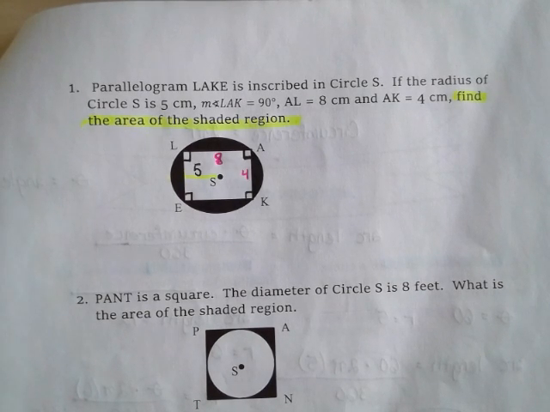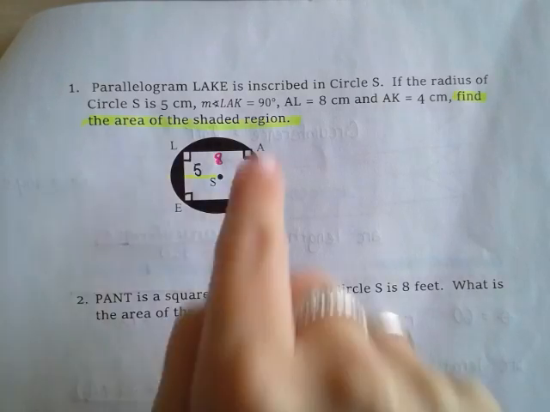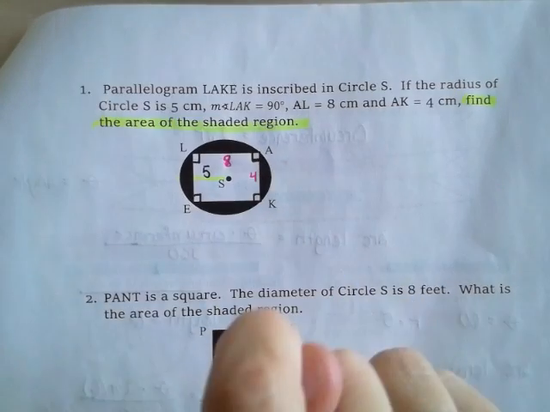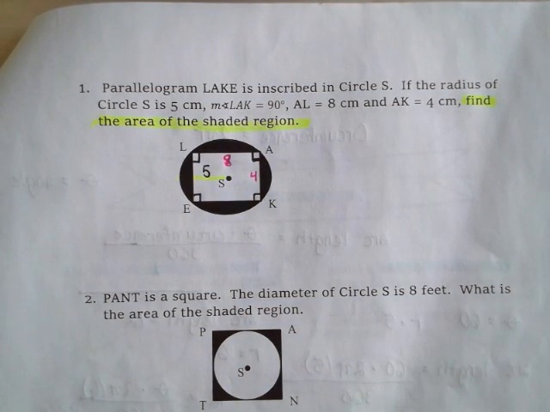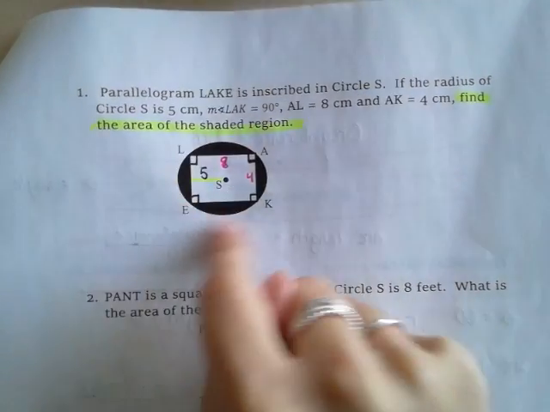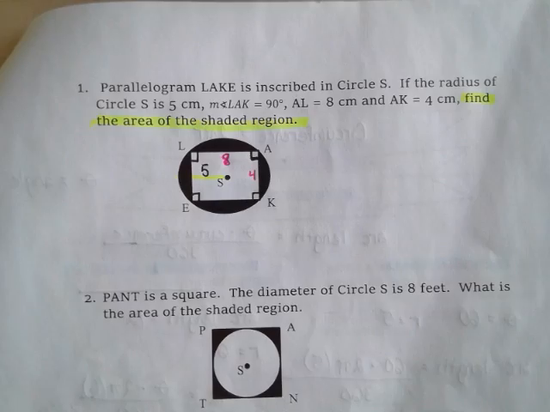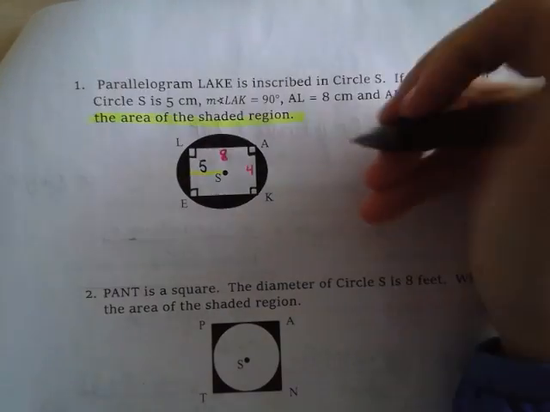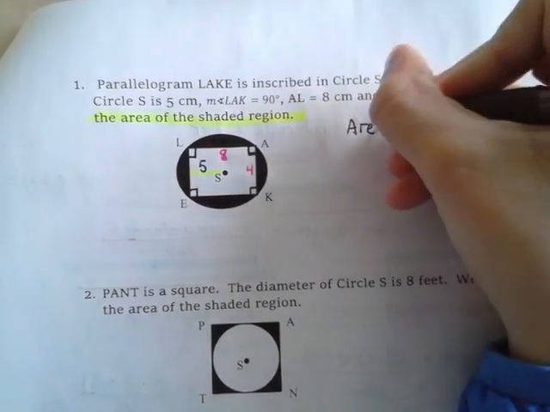Anytime that it brings up finding the area of a shaded region, we're going to have to first of all find the area of the entire shape, and then we have to take away the area that we don't want. The entire shape here is a circle. So we need to know, first of all, what is the area of a circle?